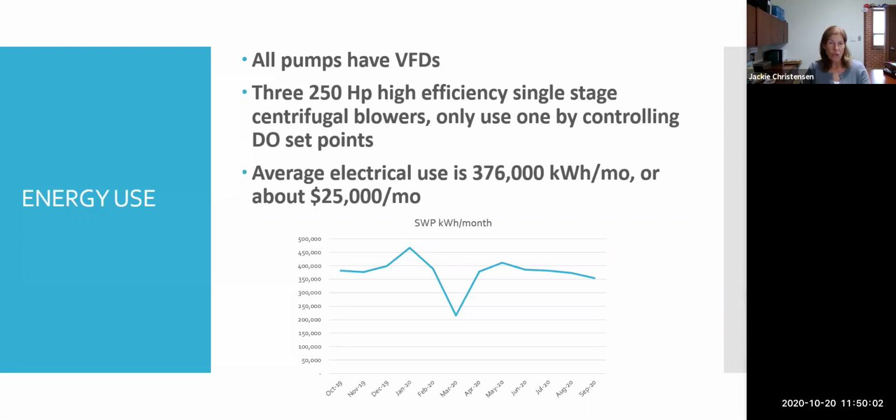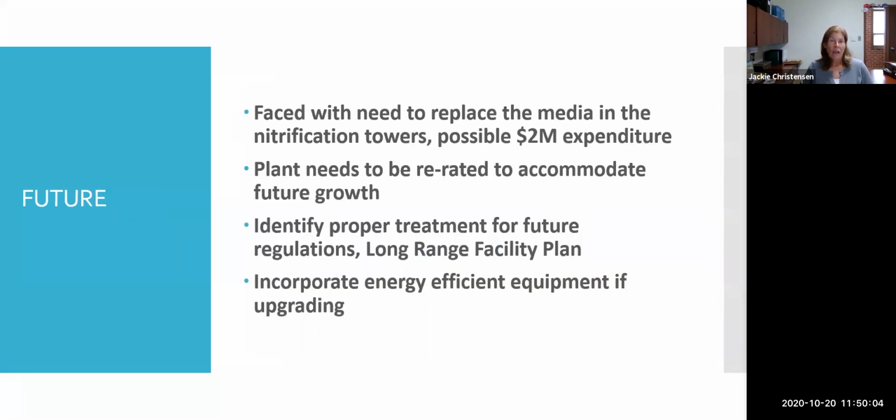So looking at the future for us, one of the big things we're going to have to think about is the plastic media in the nitrification towers do have a shelf life. And typically they say 15 to 20 years. We're working on 35 now.